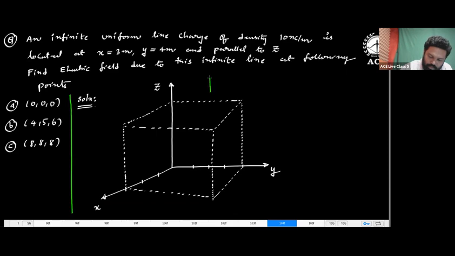So here this is how it is located. Yes, beta. And what is the charge on this one? The charge on this one is given as rho L, 10 nanocoulomb per meter.